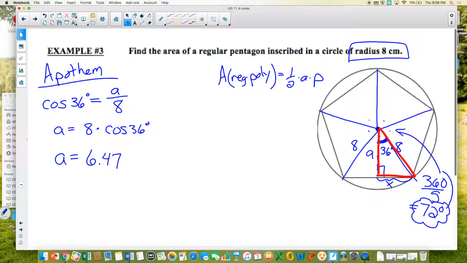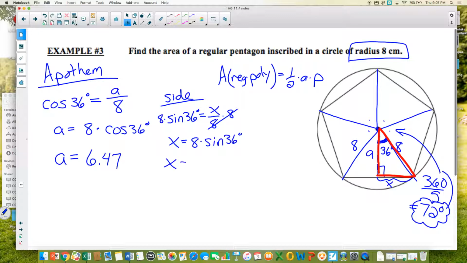Okay, so trig does come up in this chapter quite a bit. We will also use that to find our side length. To find the side, which is going to help us find X, we will use the sine of 36, and that is equal to opposite over hypotenuse, so this is X over 8. So if we show all the steps, which I skipped last time, and we multiply both sides by 8, we end up with X equals 8 times sine of 36.